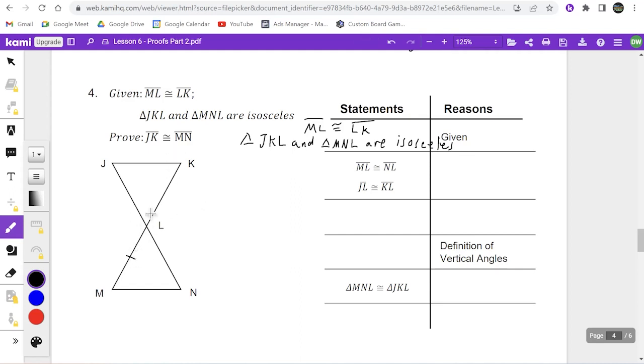I said ML and LK are congruent, okay. Then the next thing I say is ML is congruent to NL. I'm saying ML right here, congruent to NL right there. I also say JL is congruent to LK, so these are congruent. Why is that true?